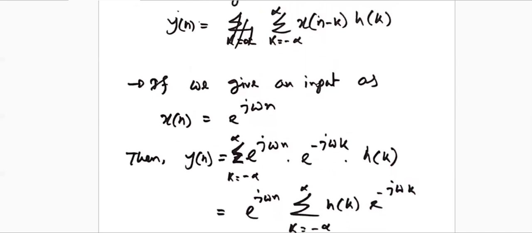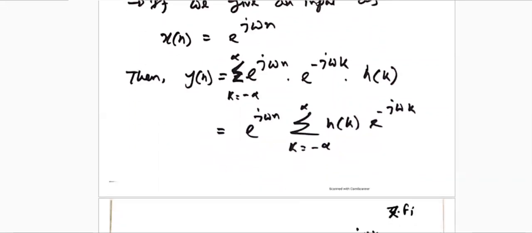In this equation, let me give the equation number 1. In equation 1, if we put this x value, then what do we get? We get e to the power j omega n into e to the power minus j omega k, because we have n minus k. If you replace n by n minus k, then of course you find this term, and then h[k] is there.